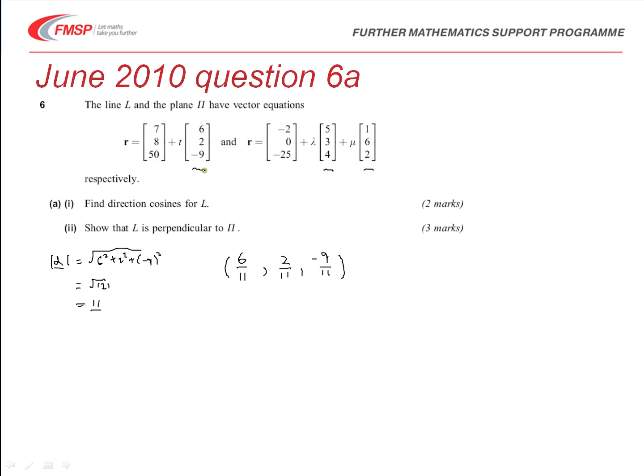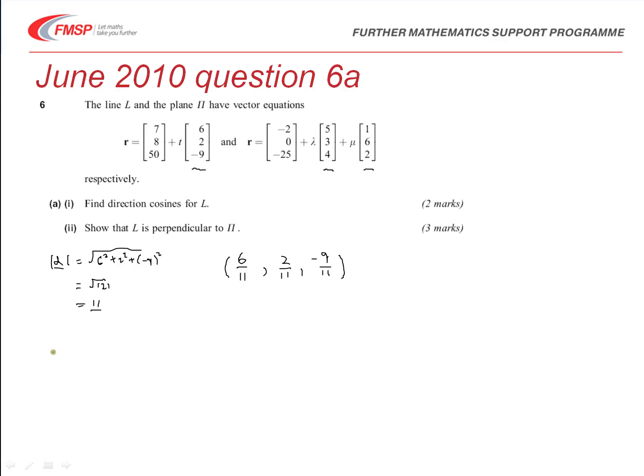Or alternatively, you can do the dot product of the direction vector with each of these vectors in the plane, and if it's perpendicular to two independent vectors in the plane, then it must be perpendicular to the whole plane.